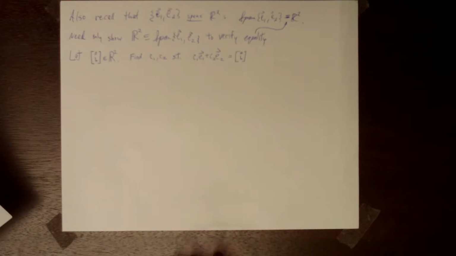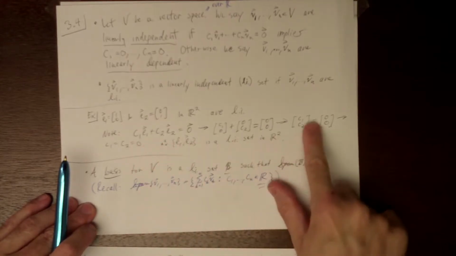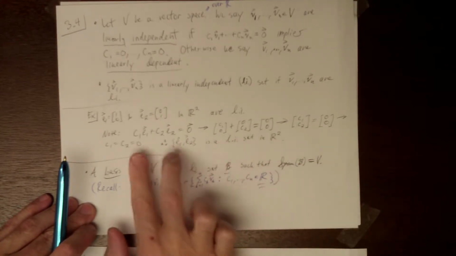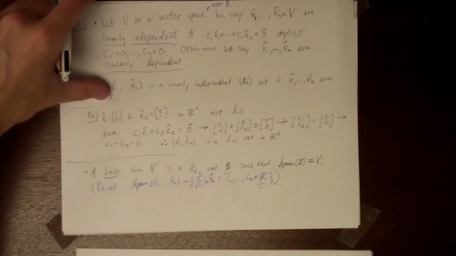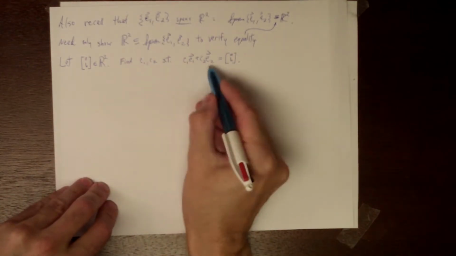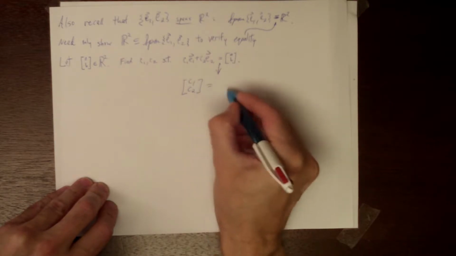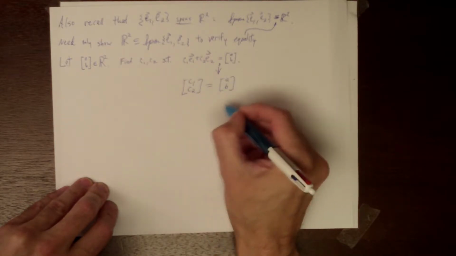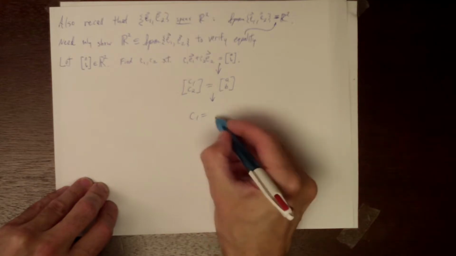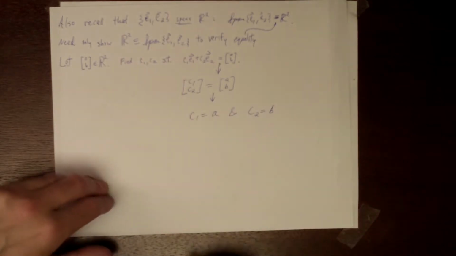Now we just saw already that C1 E1 plus C2 E2 is just (C1, C2), right? So what we have here is (C1, C2) on the left hand side, and that equals (a, b), and that's making clear that C1 should equal a and C2 will equal b.